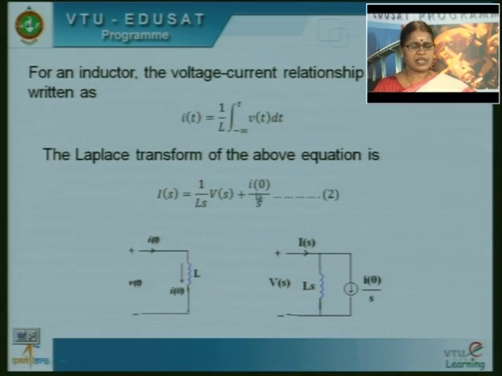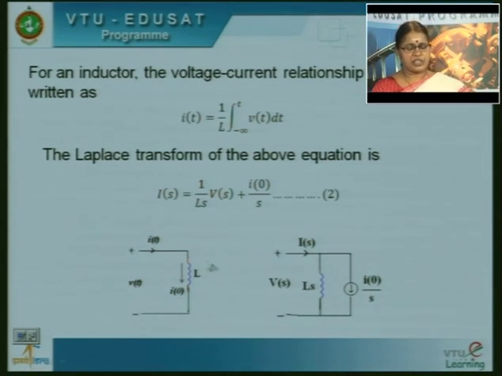The equivalent circuit has a supply voltage Vs, which is exactly the voltage drop across the impedance Ls, and Is is the total current drawn. The current flowing through this element is Vs by Ls, which gives the first term, plus the current flowing in this branch. Since this branch has a current source, the current in it is I naught by s.